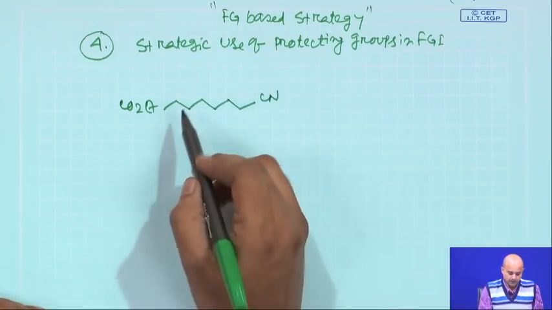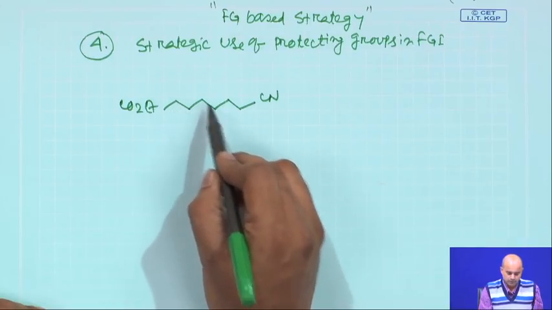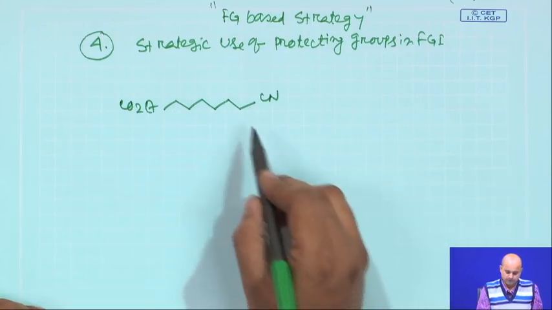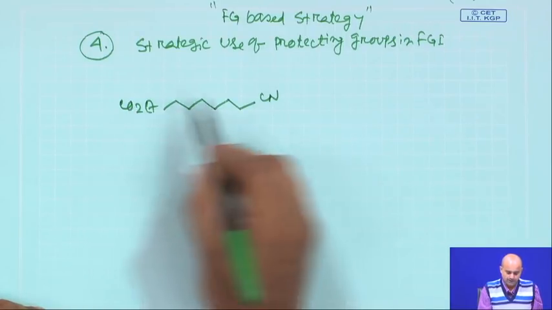efficient pathway. Say this particular compound has 1, 2, 3, 4, 5, 6 CH2 or methylene groups, with one end having CO2Et and the other CN.